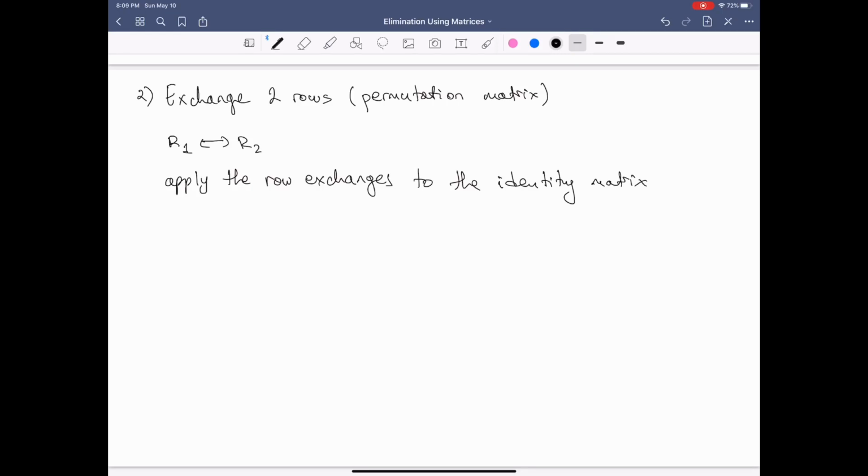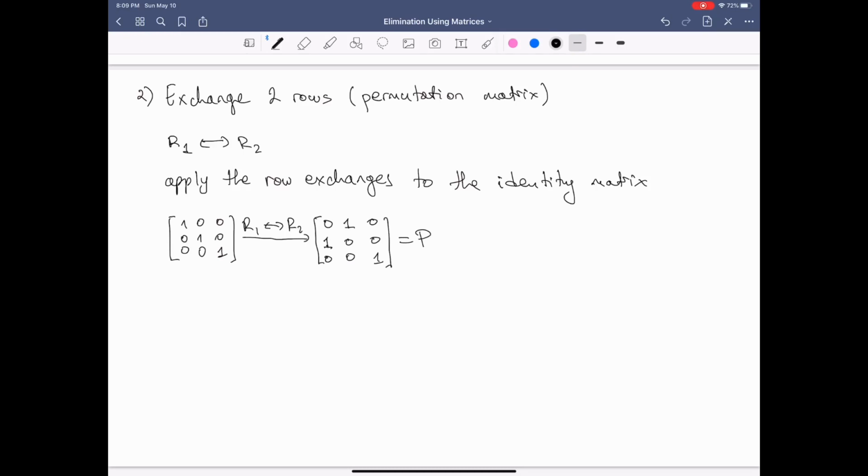So the exchange of row 1 and row 2 applied on the identity matrix gives us, well, I should write it with the rows: 0, 1, 0; 1, 0, 0; 0, 0, 1. And this matrix will be called a permutation matrix P.